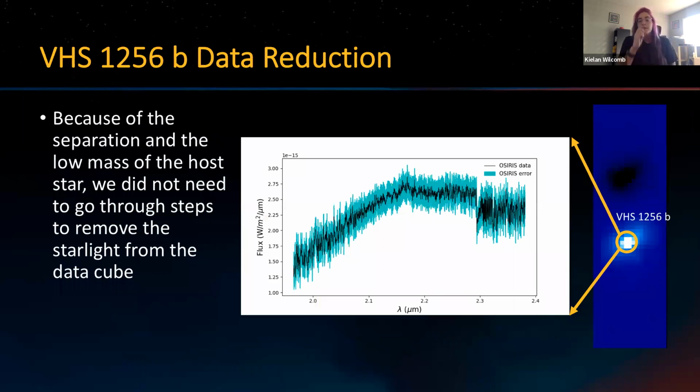What makes VHS 1256b unique is its far separation and the host star/star system being low mass. We did not have to go through the starlight removal in the data cube because of this. We also used a different approach to sky subtraction by nodding up and down on the source and subtracting the object frames from one another.